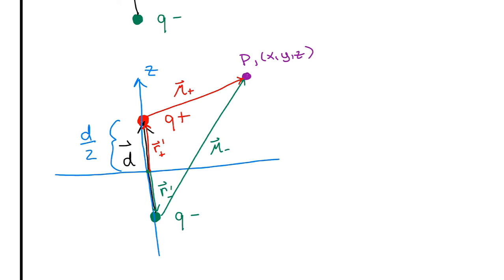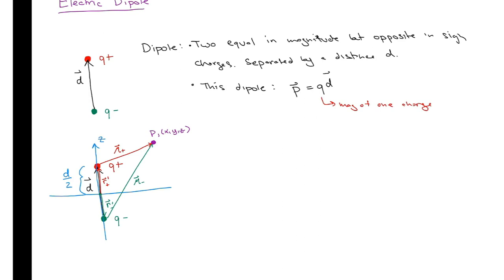So with all that defined, I can now write an equation that will give me the potential at point P. At P, that's going to be equal to Q over 4 pi epsilon naught, where I just pulled the Q out of each.